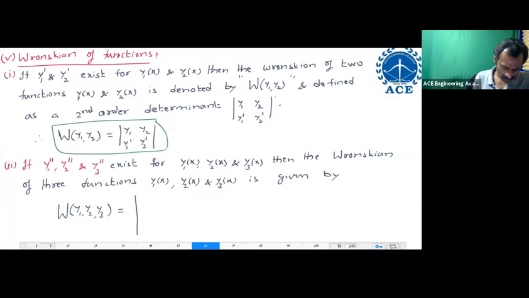Only two functions give a second order determinant, three functions a third order determinant, four functions a fourth order determinant, and so on.